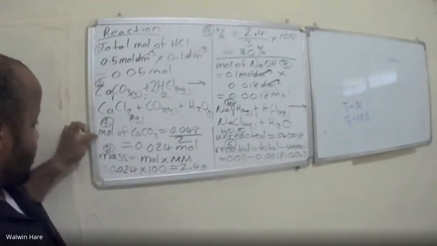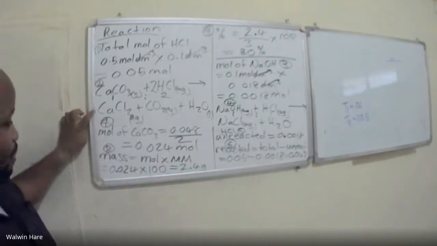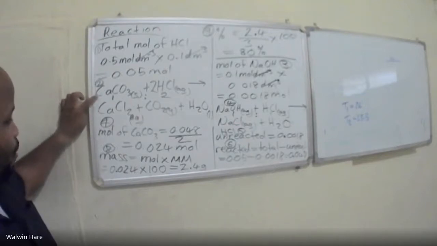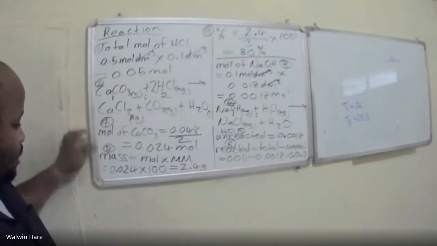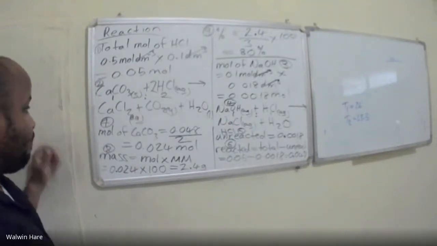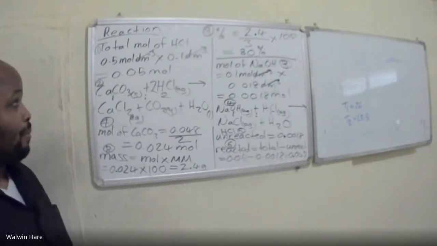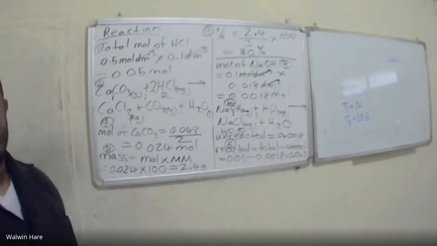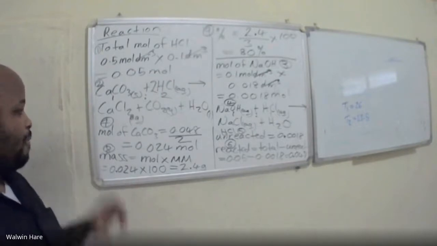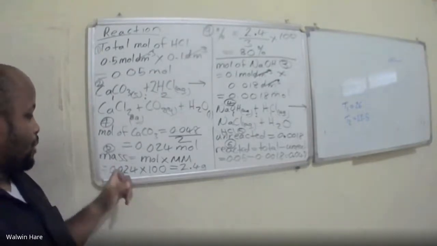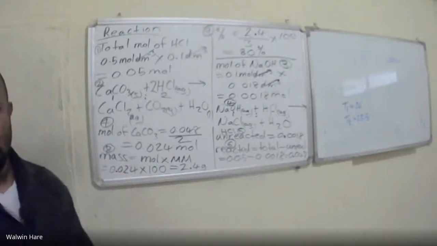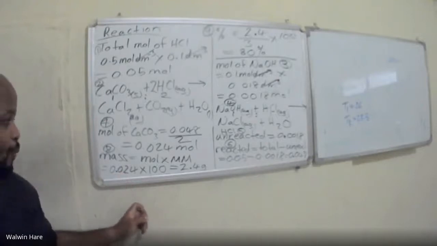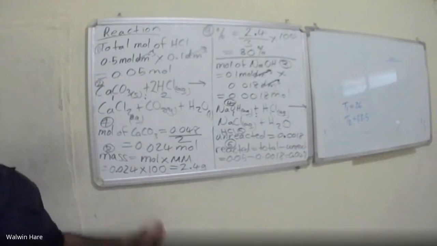Now come to the equation, use a mole ratio, find the moles of calcium carbonate. And then the rest is straightforward. All right. So I'm going to take off this, and then I'm going to put the past paper for back titration on the board. All right. So whenever you're finished with this, you can let me know.